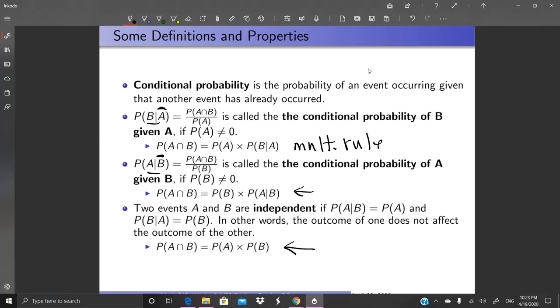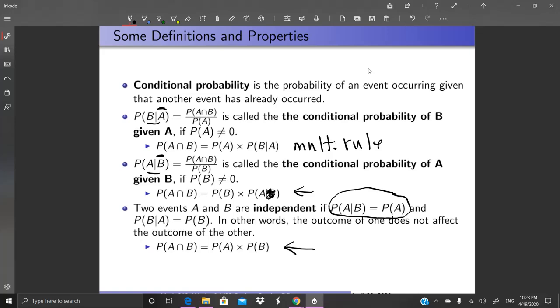And so when that's the case, you can go back and say, all right, if the conditional probability of A given B is equal to the probability of A, then in this equation up here, this right here is just going to be the probability of A, right?